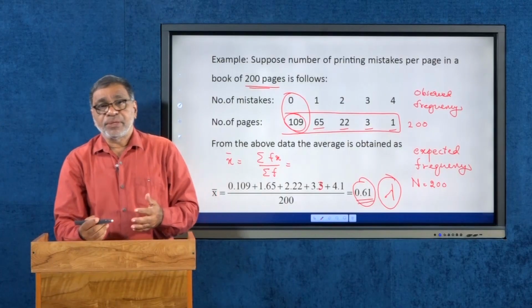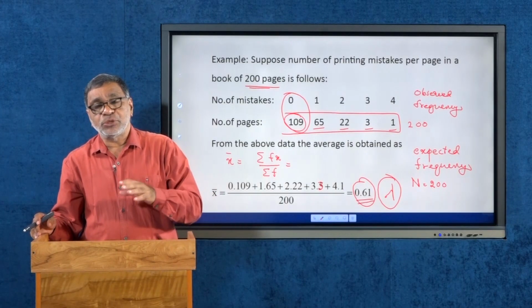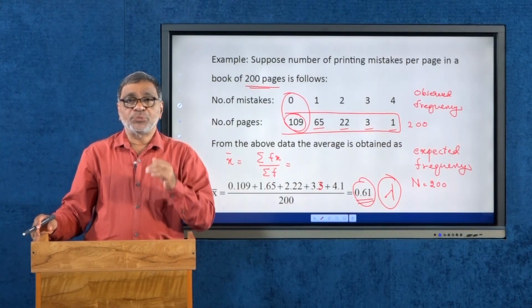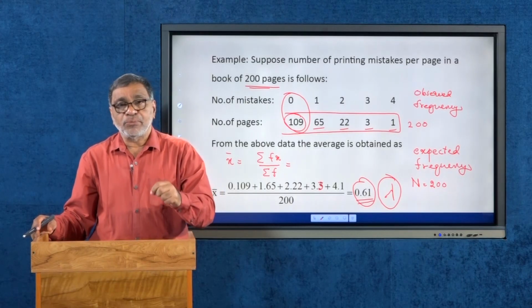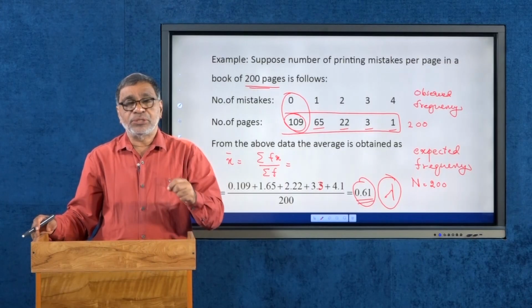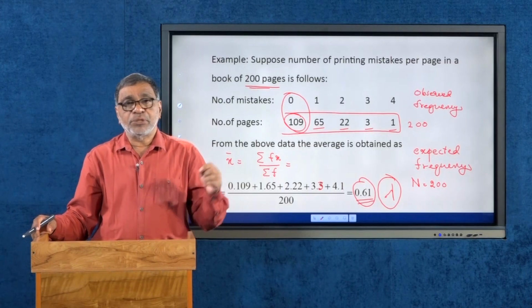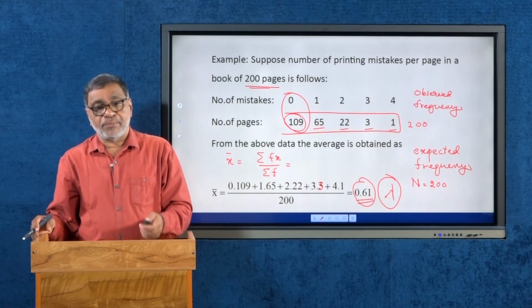So first of all, you find x bar, since lambda is not given. To apply the Poisson distribution model to find the expected frequency, you find the parameter value, and lambda is obtained by finding the average of the observed frequency distribution, which is 0.61, and that is equated to our parameter.